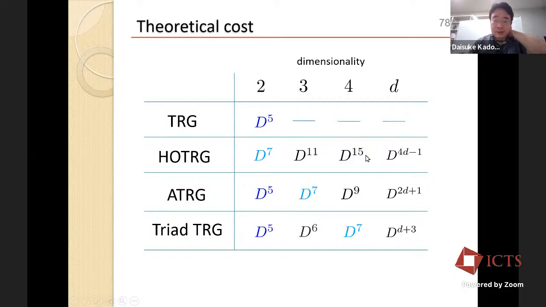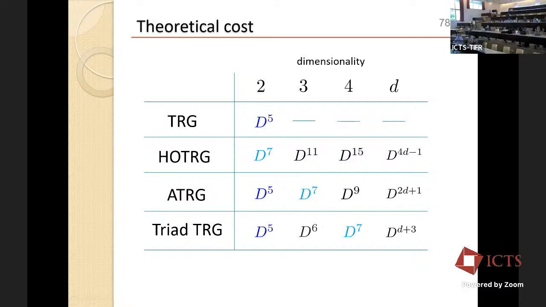So the cost of HOTRG is high. On the other hand, the cost of triad TRG is reduced to D to the D plus 3, and D to the 5th for 2 dimensions, D to the 6th for 3 dimensions, and D to the 7th for 4 dimensions.